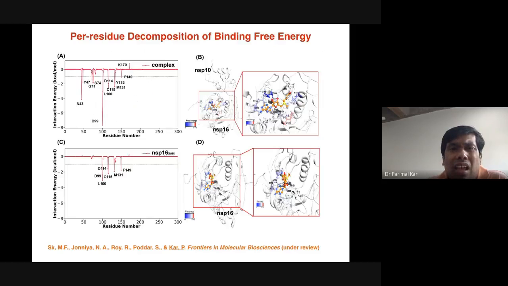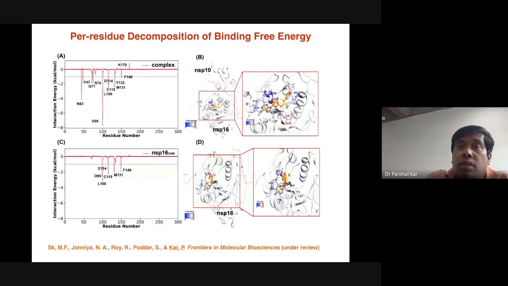And then we look at what are the amino acids that take part in the binding and what marks their contribution. So I have also color coded the binding affinity contribution. You can see the color bar. If you target the complex between NSP16 and NSP10, you see that more amino acids are taking part in the binding.